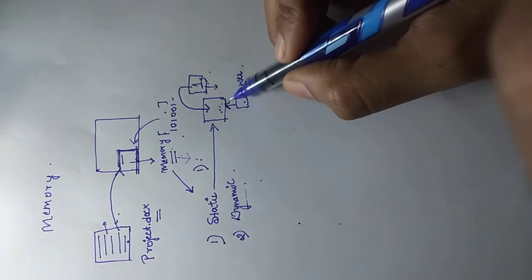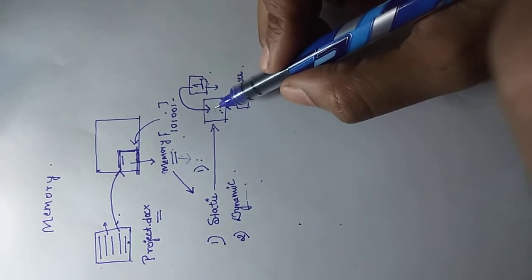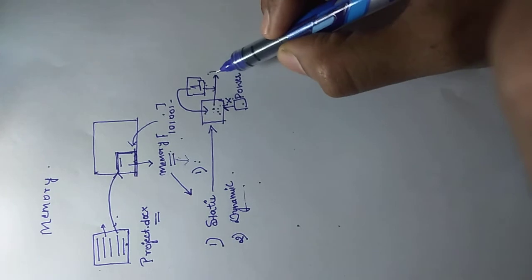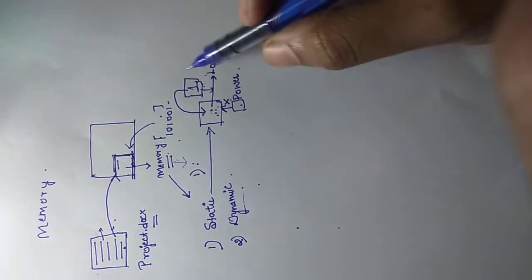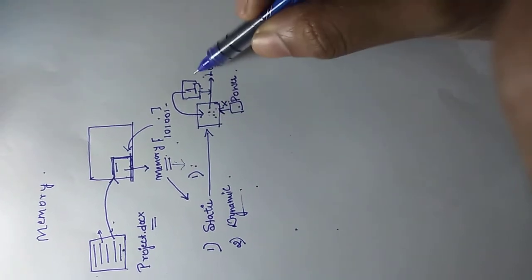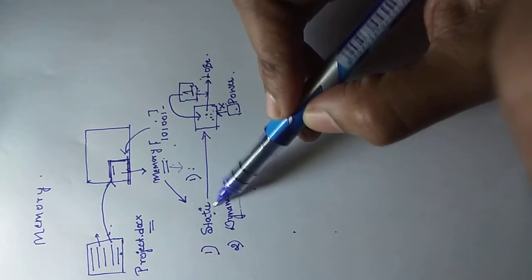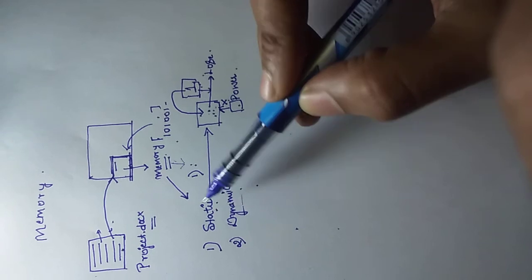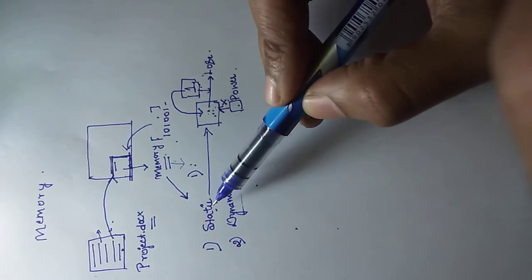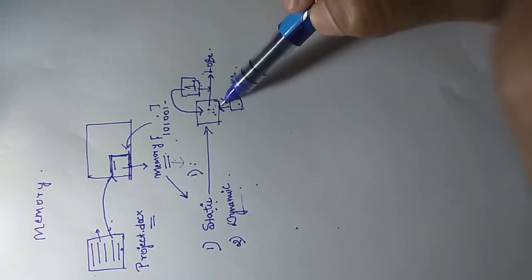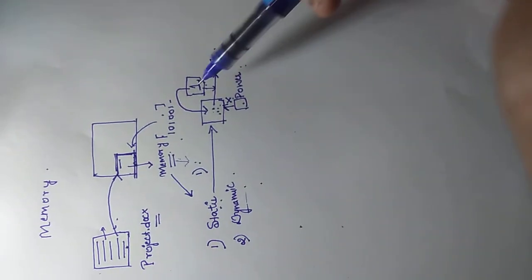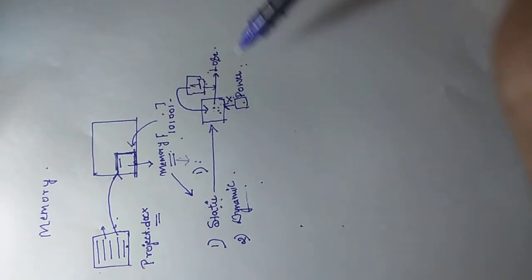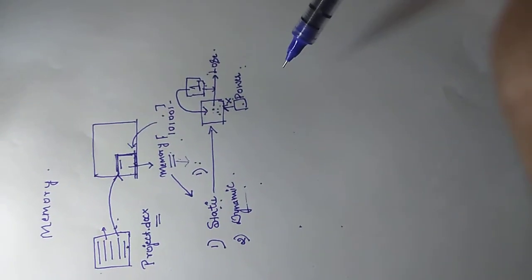Once you stop supplying power to this memory, it will lose the data. So this type of memory we call static memory: the memory which will lose the data once it loses its power supply.